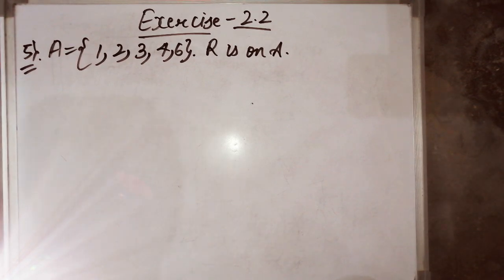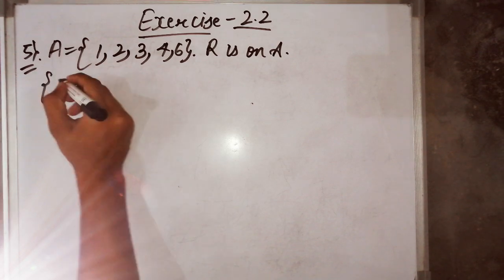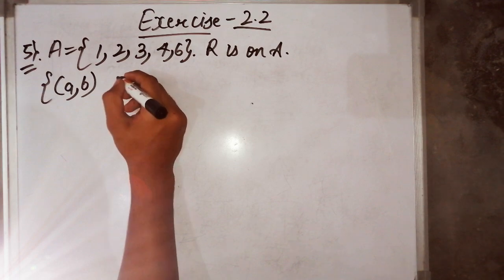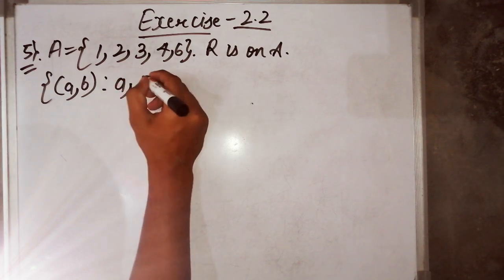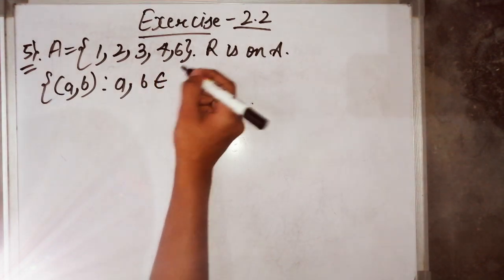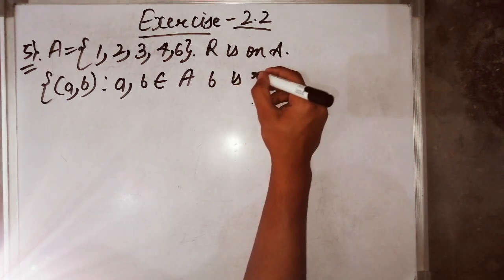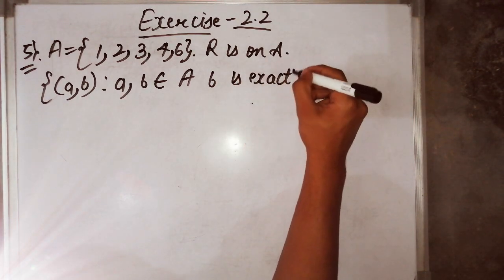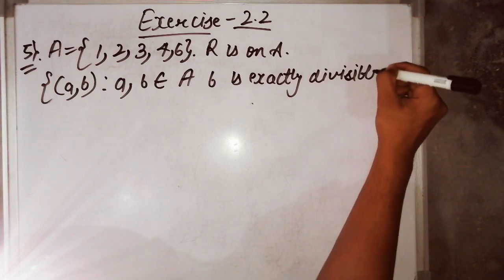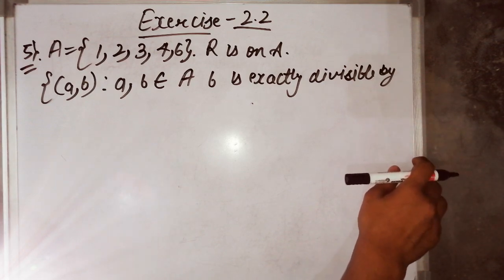And the relation which is provided to us is a b is related to a such that b belongs to A and b is exactly divisible by what is given to us, by a.